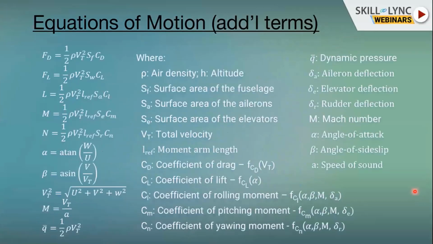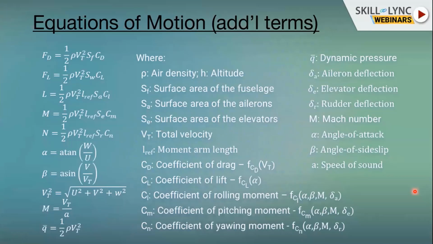And here is a supplementary set. Again, I don't want to spend too much time on it, but just for completeness, if somebody would like to know what these forces and moments are made of: a half rho Vt square term, which is the dynamic pressure Q bar, times the surface area. Drag force is based on the surface area of the fuselage. And the CD, CL, that's an aerodynamic coefficient.